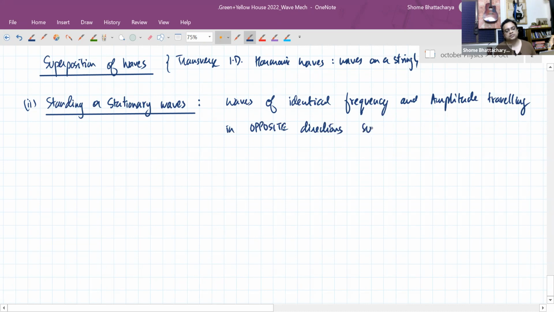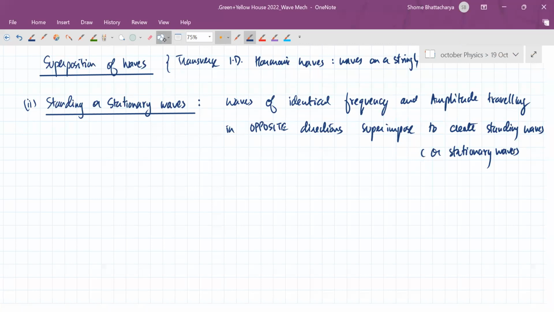Okay, these kinds of things superimpose to create standing waves, or these are also called stationary waves. So let's say we have got this long string.